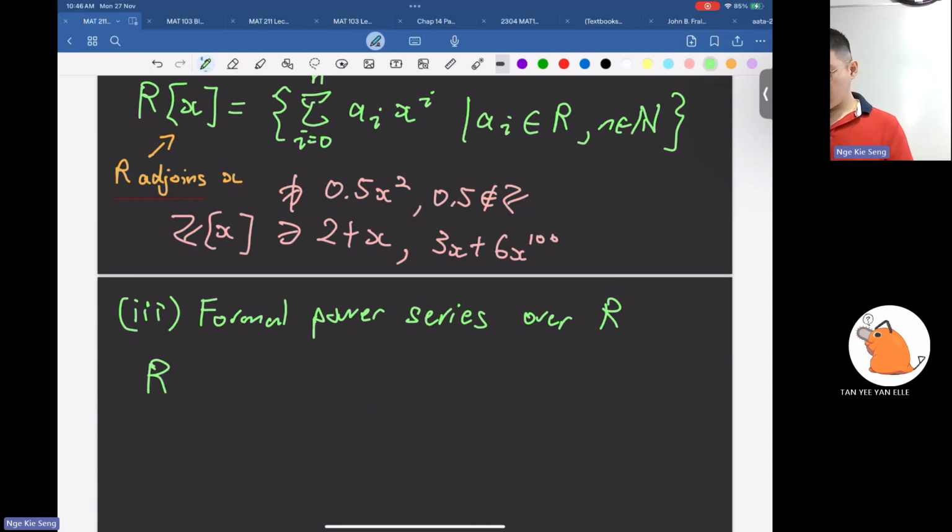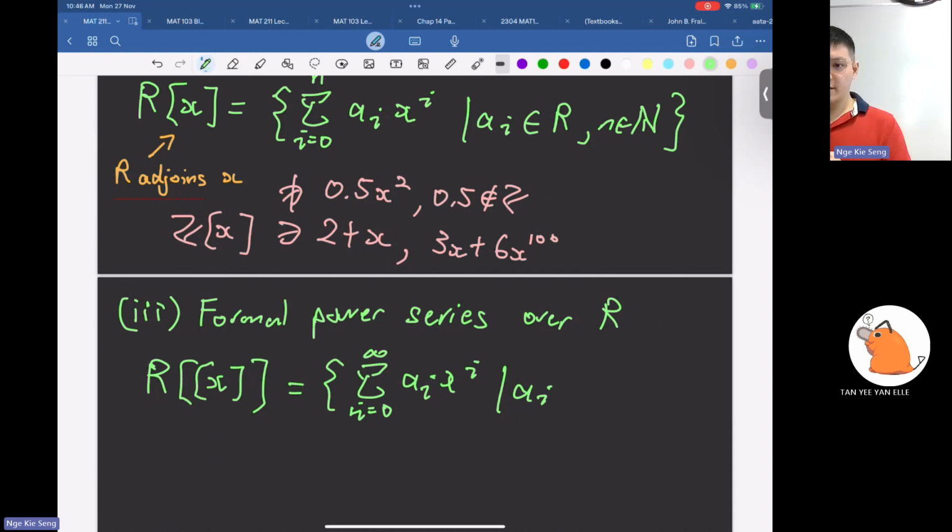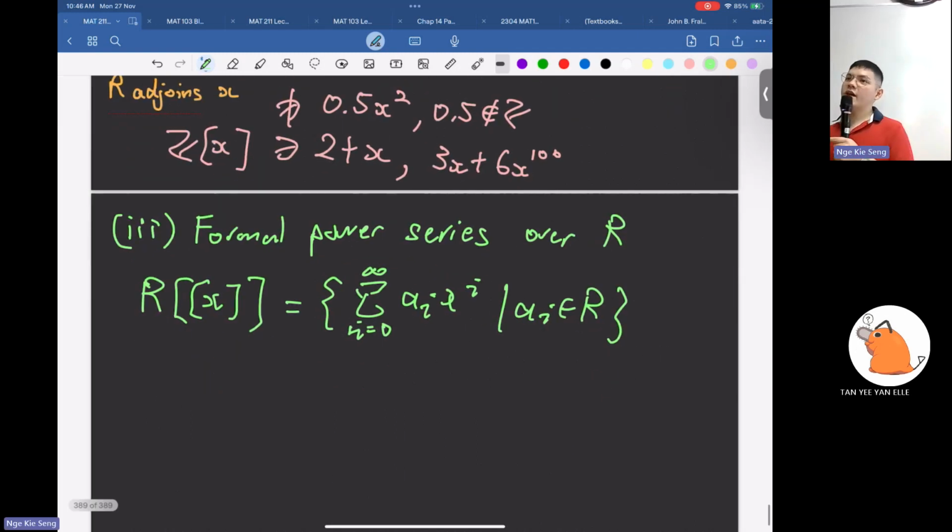This is called R double bracket X. So here we are allowed to take the power to infinity. So we can add power series together. We can multiply two power series together. Okay, makes sense.